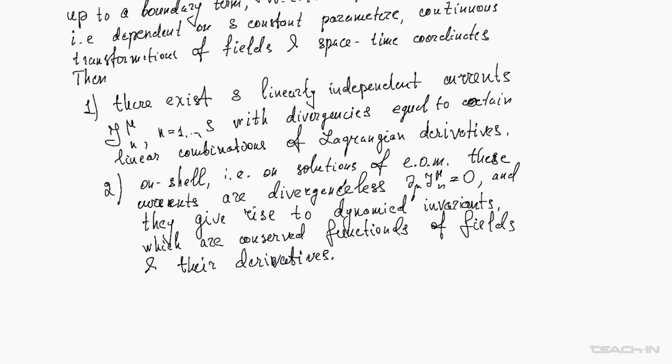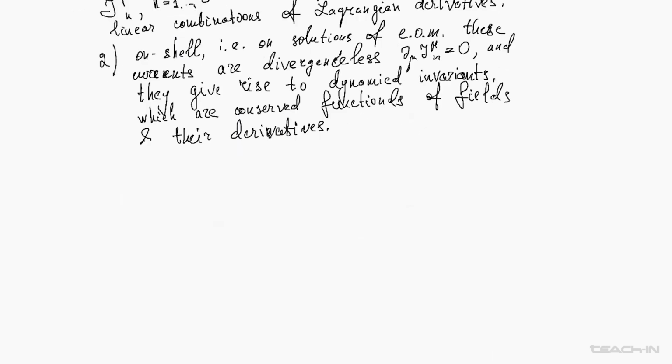And on shell, these Lagrangian derivatives vanish because these are equations of motion, and therefore these currents become divergenceless, and they can be used to construct dynamical invariants, which are conserved functionals of fields and their derivatives. So this is how the Noether theorem is formulated.